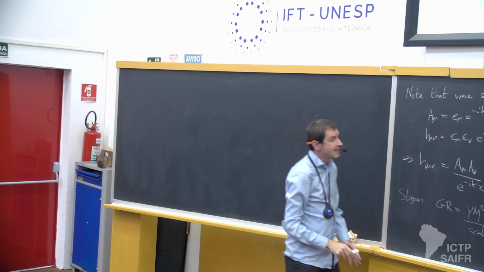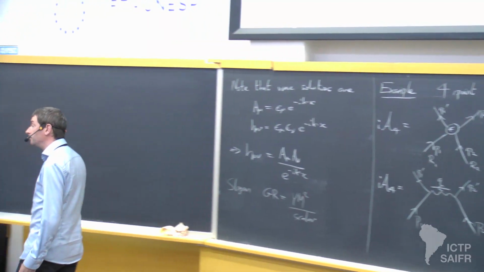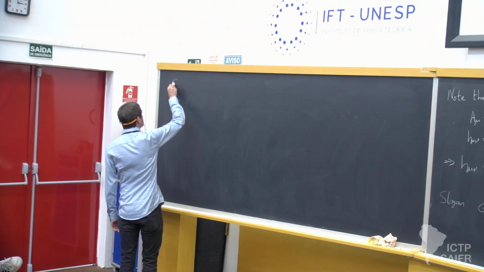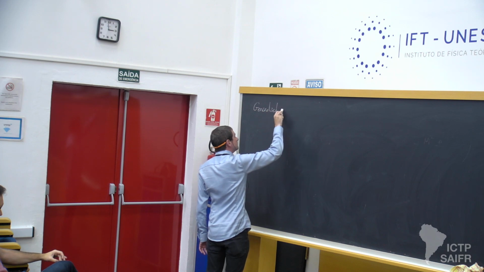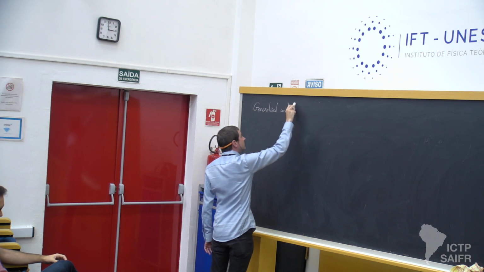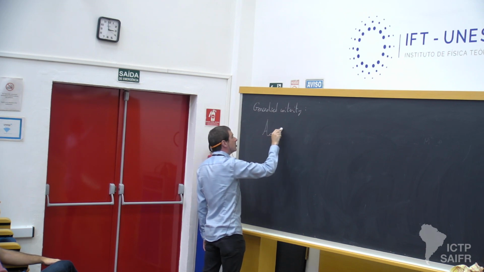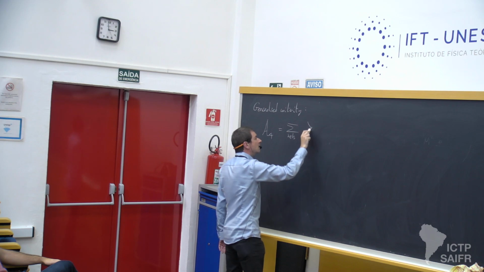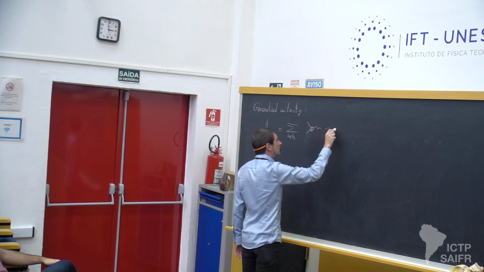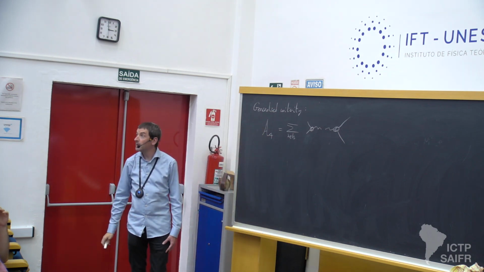Okay, to see why this has happened, let's think about this construction from a generalized unitarity point of view. So now this 4-point amplitude would be a sum over helicities of these two tree amplitudes.